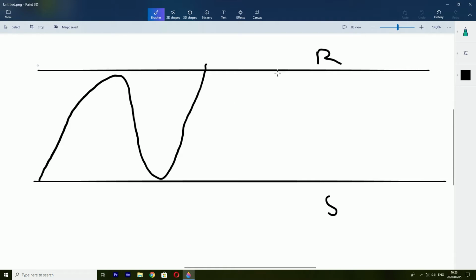So I've just drawn a basic support and resistance line here on a semi graph. And if you've noticed, there's a bit of a breakout. So when the trend or the line breaks the resistance or breaks the support, so on a support line you'd basically have something like this.